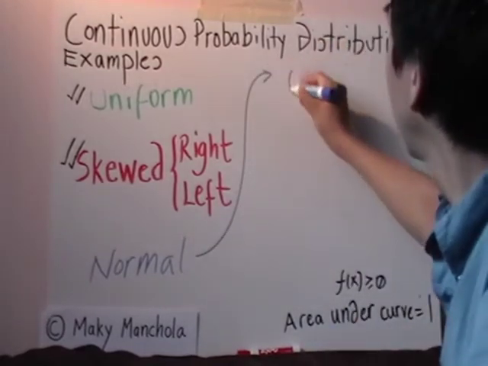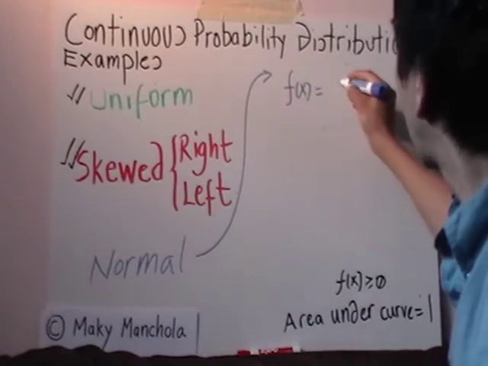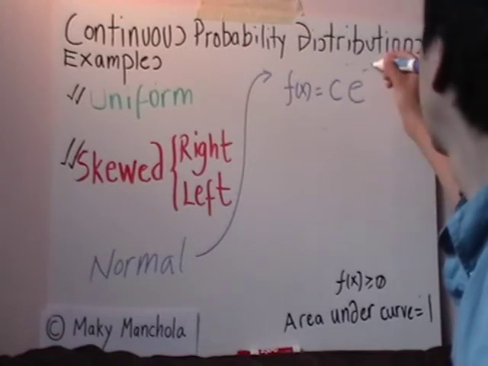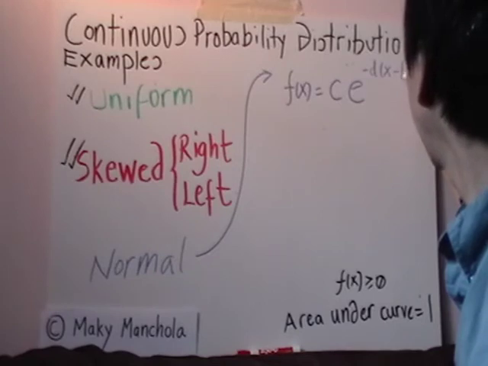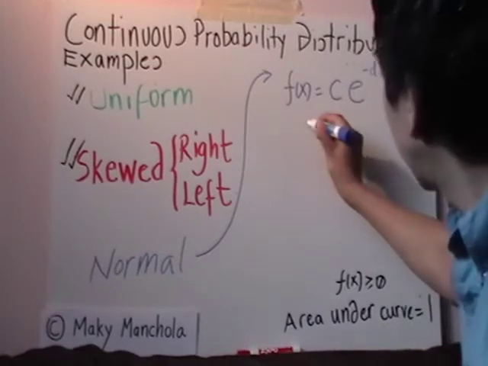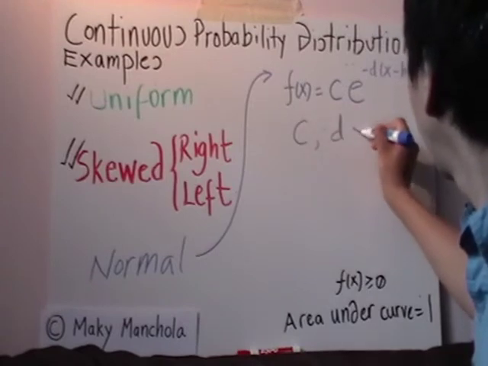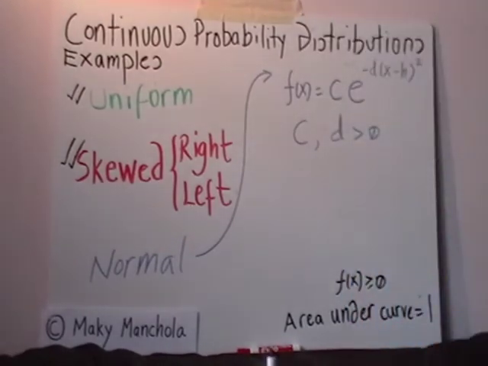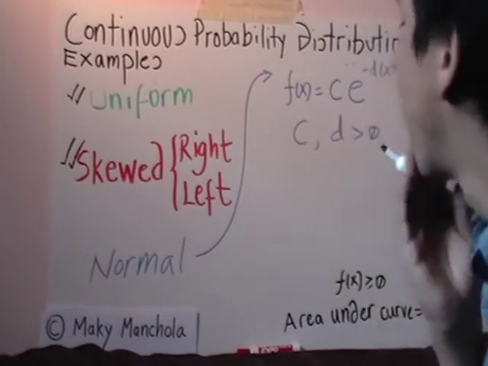They look something like this: f of x equals some constant c times e to the negative d times (x minus h) squared. Now the constants c and d must be greater than 0, and h could be anything. It's like a shifting factor, a shifting constant.